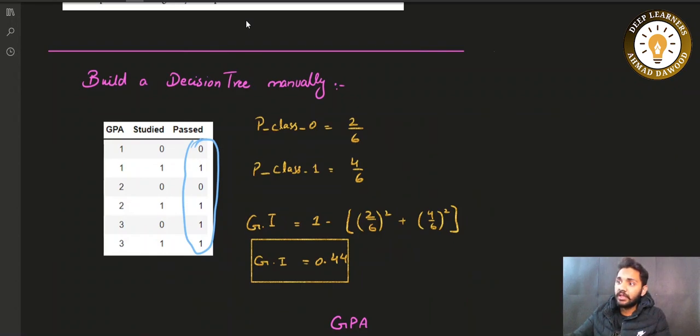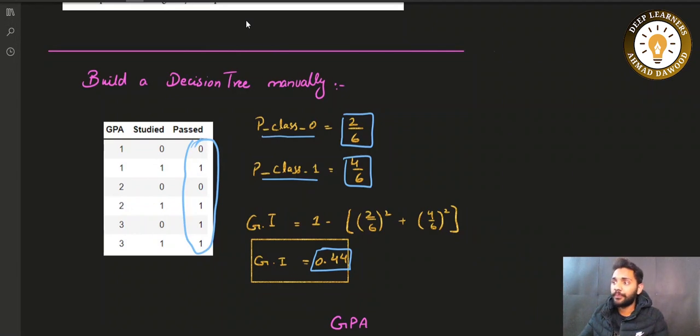So here the probability of belonging to class 0: there are 2 samples, so 2 out of 6 is the probability of class 0, and 4 out of 6 is the probability of class 1. By using the same formula we get a Gini impurity of 0.44. So at the very start we have a Gini impurity of our target variable of 0.44.